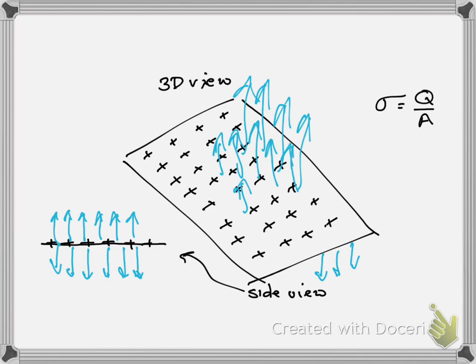Okay, so looking at that side view, the question is what Gaussian surface would we use in order to solve Gauss's law and make the integral easy on ourselves? So we want to find a surface over which the electric field is a constant.